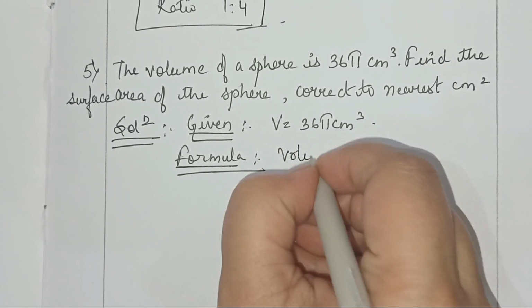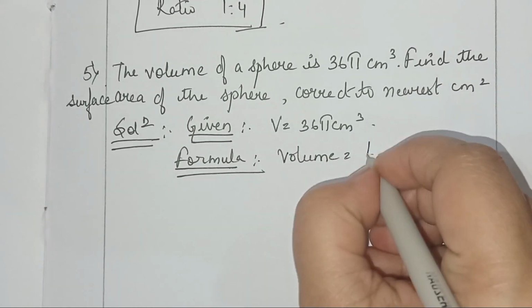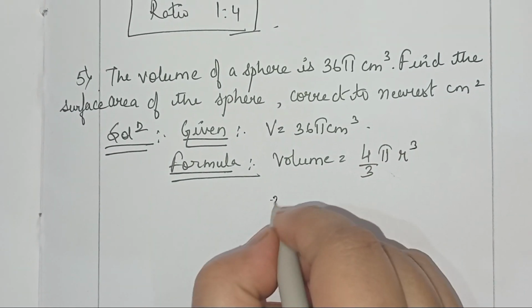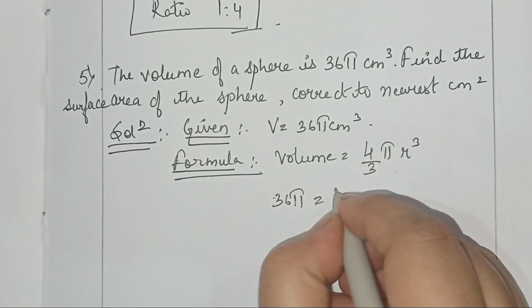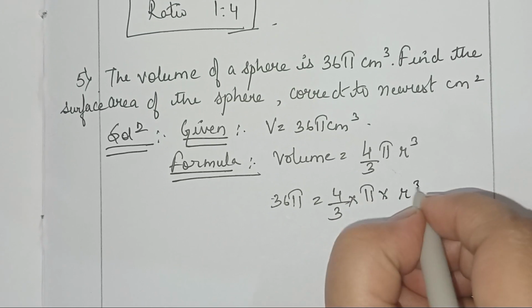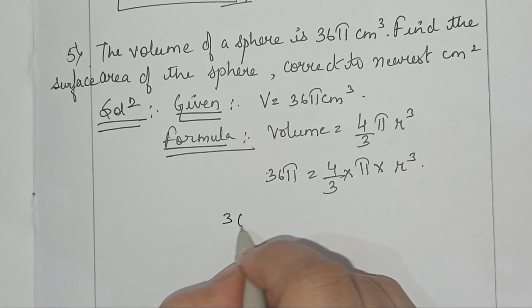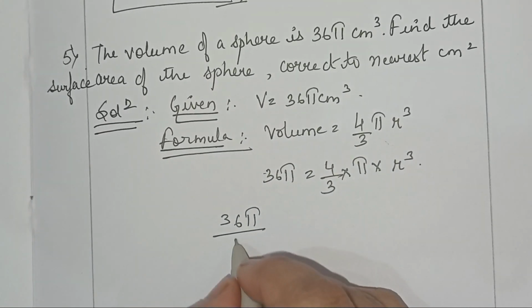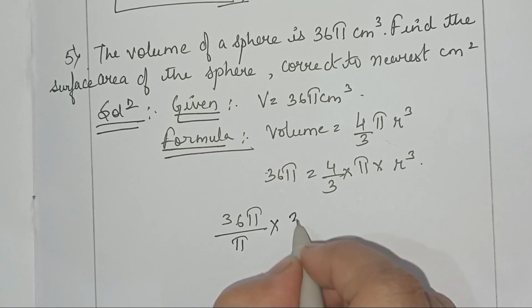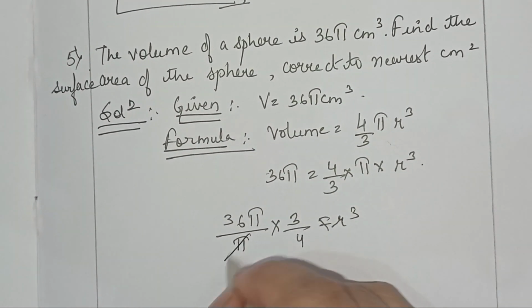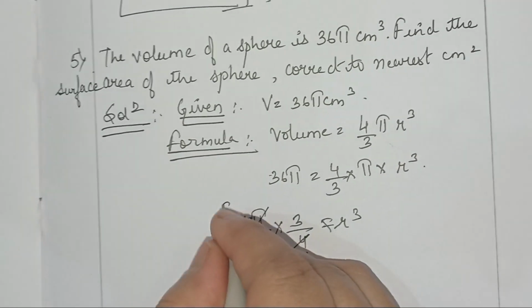Volume is equal to 4 over 3 pi r cube. So 36 pi over 4 over 3 pi is equal to r cube. 36 pi over pi into 3 over 4, 4 ones 4.